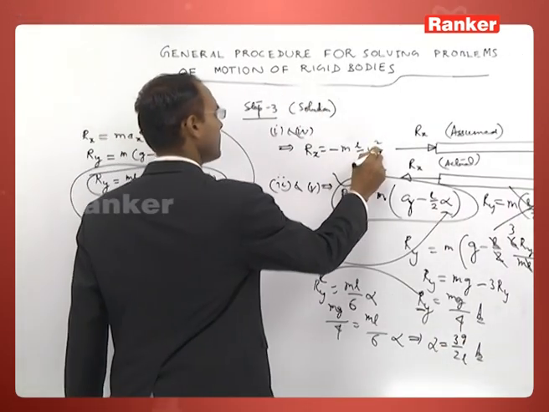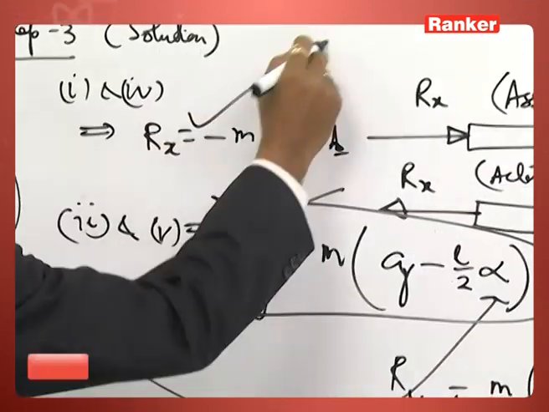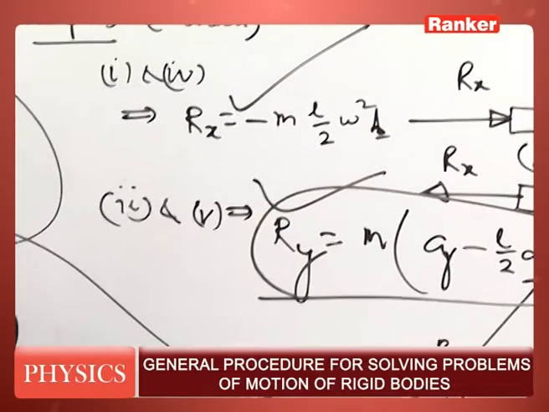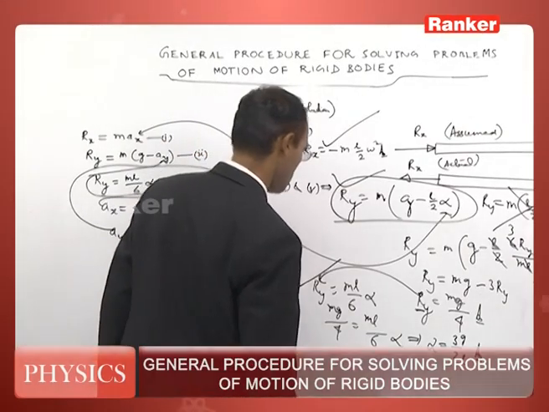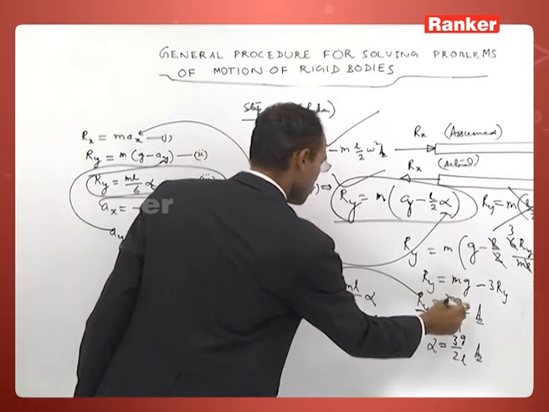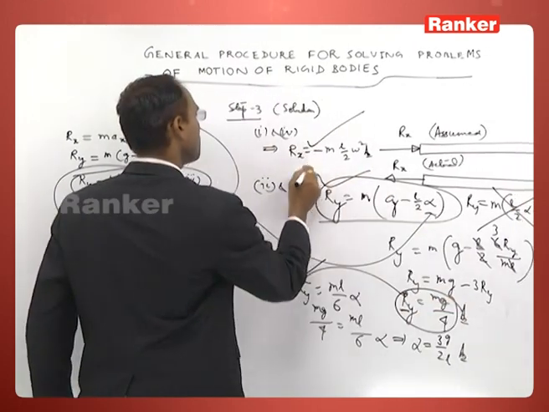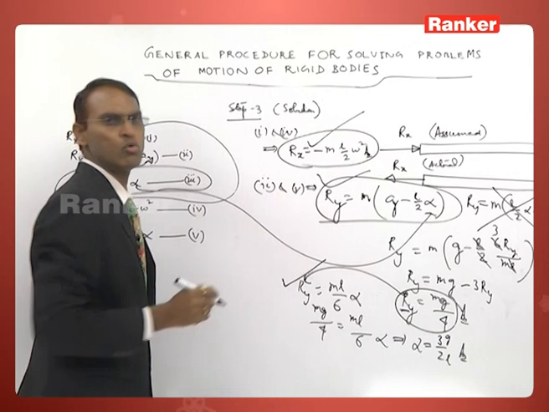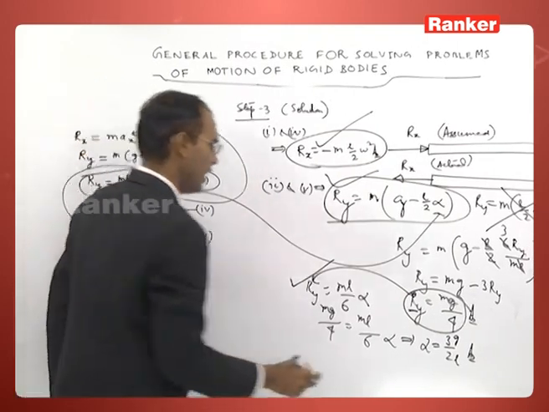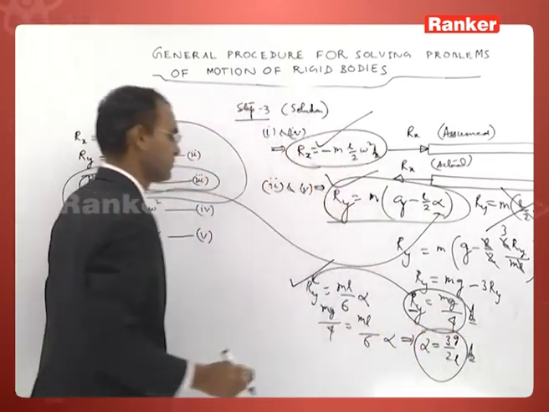And Rx already we have got, Ry we got. Ry is equal to mg by 4, Rx is equal to minus ml by 2 into omega square, alpha we got.